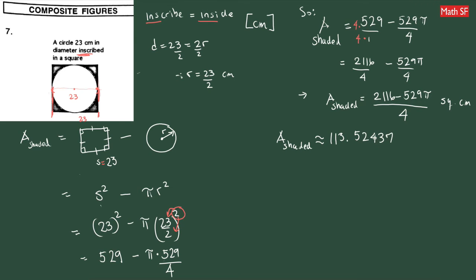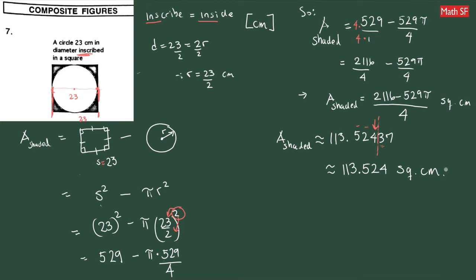And the instruction says that I must round it to the thousandths place: tenths, hundredths, thousandths, up to here. So rounding off, this is approximately 113.524 square centimeters.